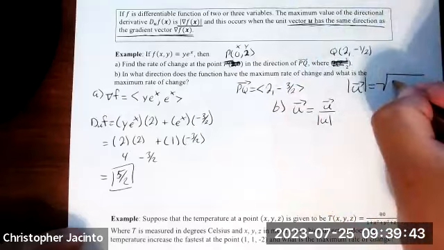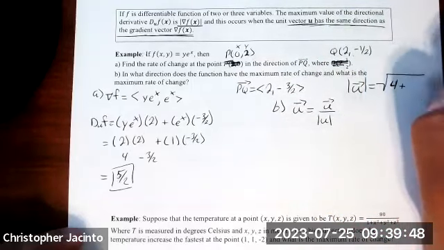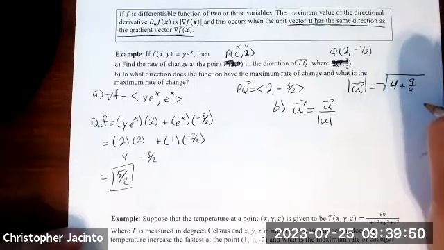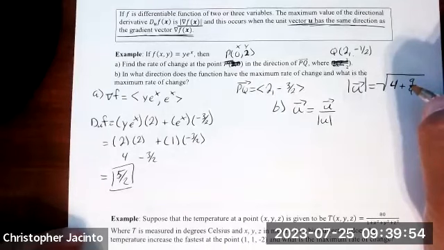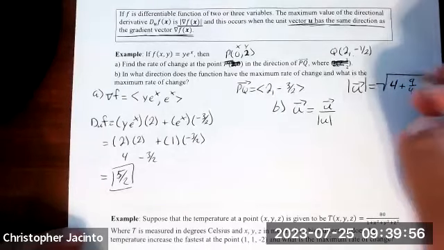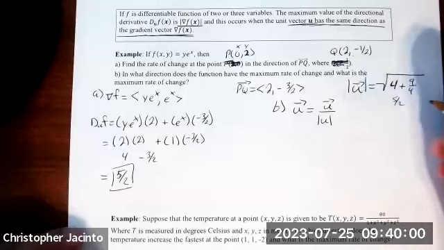So this will be 4, and this is going to be 9/4. So 16 plus 9, 25 over 4. So 5/2.